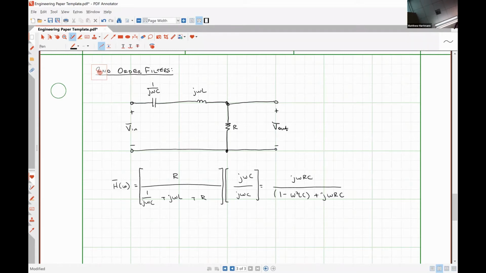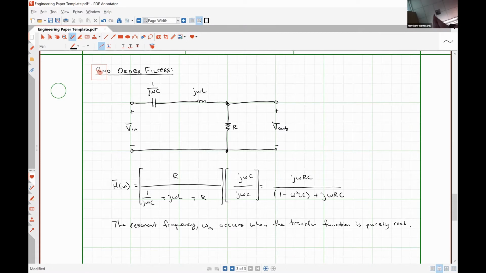So our resonance frequency omega naught, which is the exact same thing we use to describe our resonant frequency in series and parallel RLC circuits during our transient analysis, occurs when the transfer function is purely real.